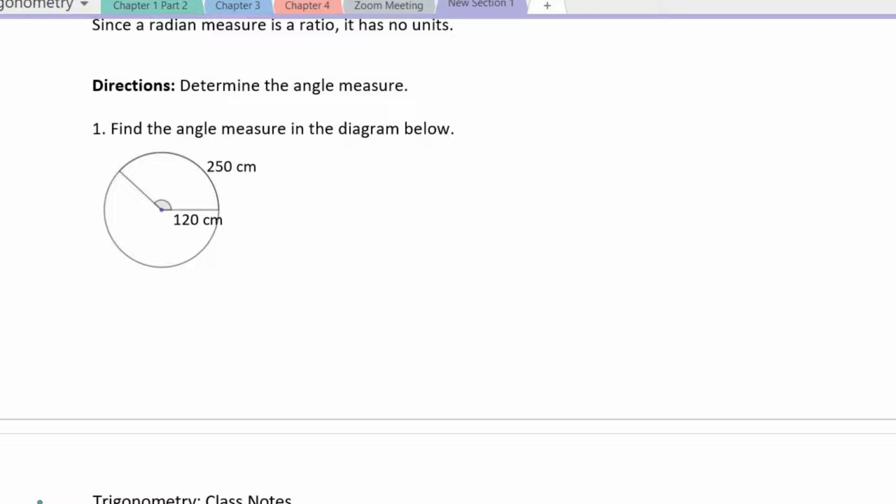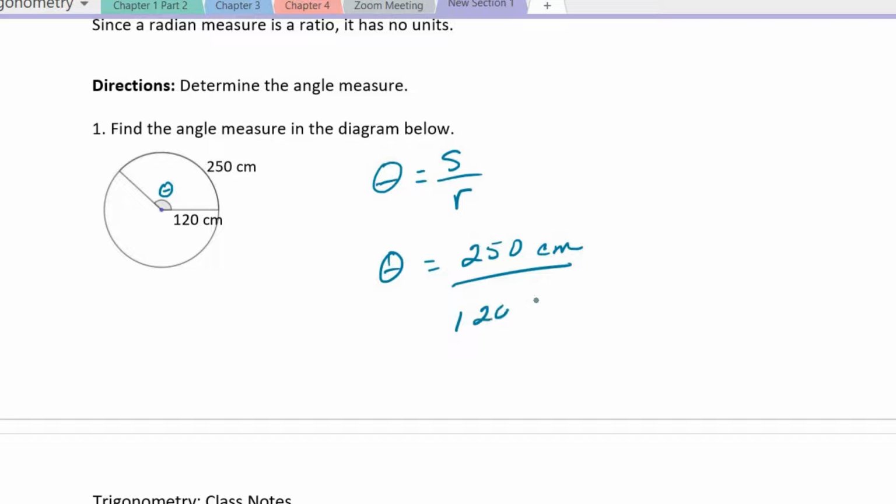In my first example, the directions say to determine the angle measure. And here's our formula. Theta equals S over R. Theta, this angle measure right here, is going to be 250 centimeters over 120 centimeters.